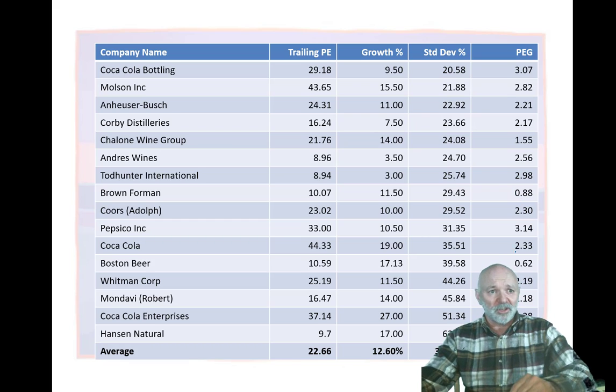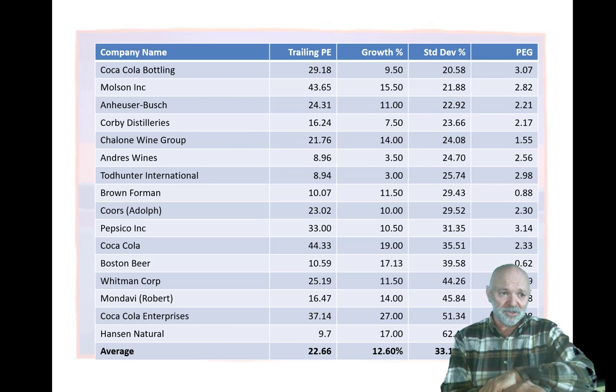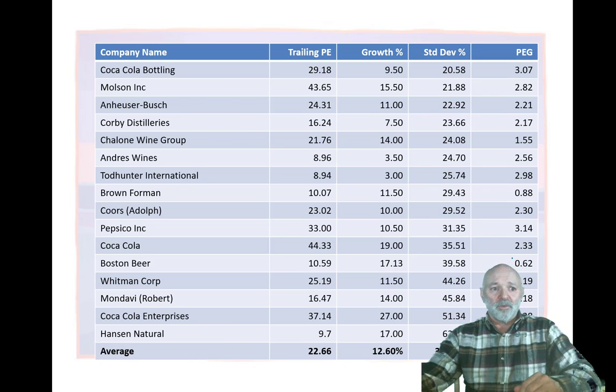Some others look like bargains. Brown-Forman in the alcoholic beverage end of the business, or perhaps Boston Beer, have much lower price earnings to growth multiples.